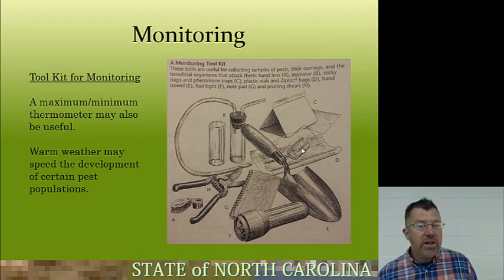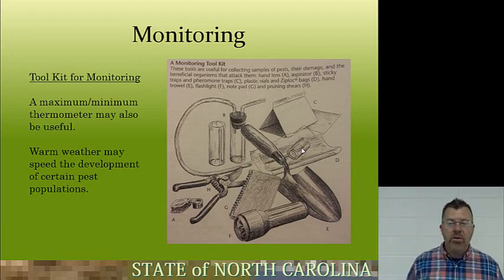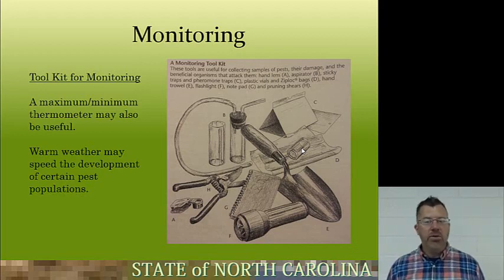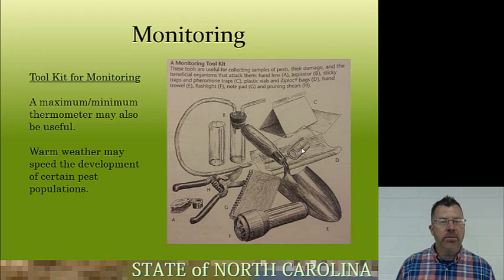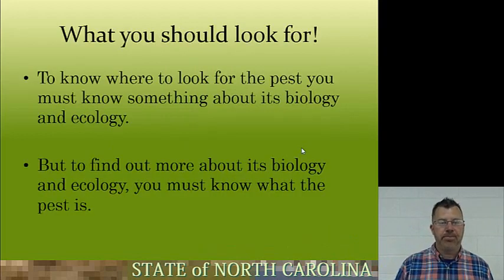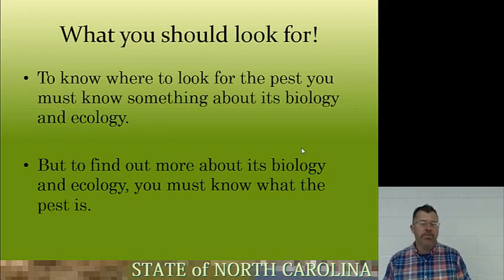You may want some sticky traps or pheromone traps, a hand trowel, definitely your flashlight, a notepad, and some pruning shears, so you may take a sample of that plant back to your lab and use it under a microscope.